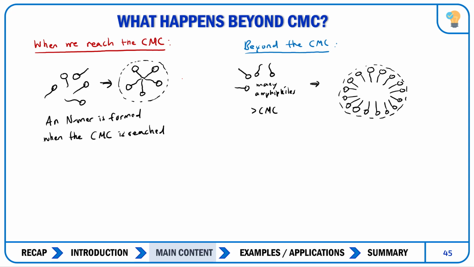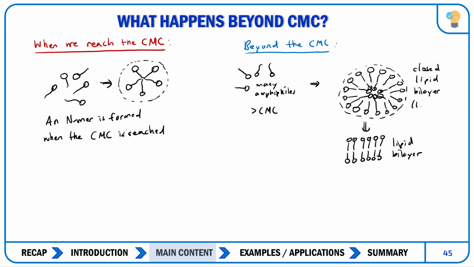So in some cases, you actually end up with 2 layers of lipids. I've drawn this a little bit too big, so it doesn't really have a good physical representation. But essentially this is your closed lipid bilayer, which is also called a liposome.